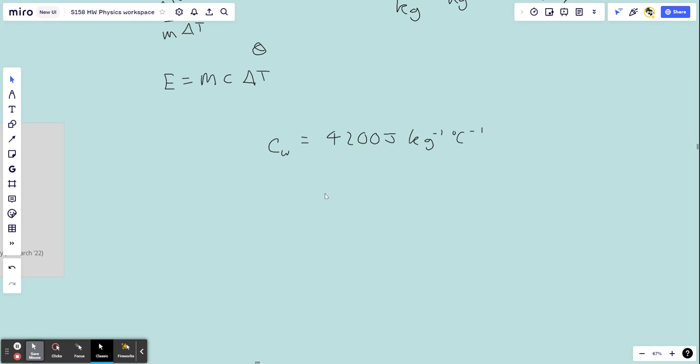Let's imagine we had 3.5 kilograms of water, and I'm going to give it, say, 500 joules of energy.